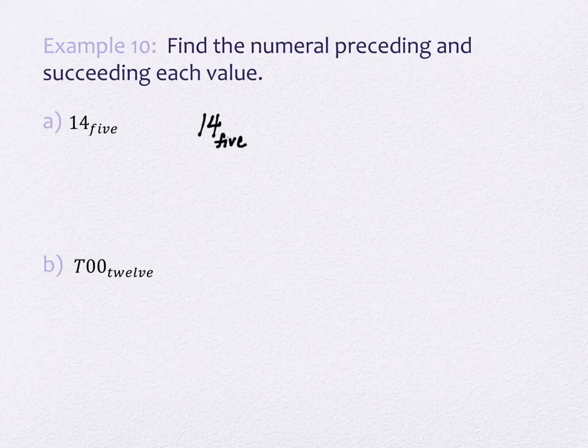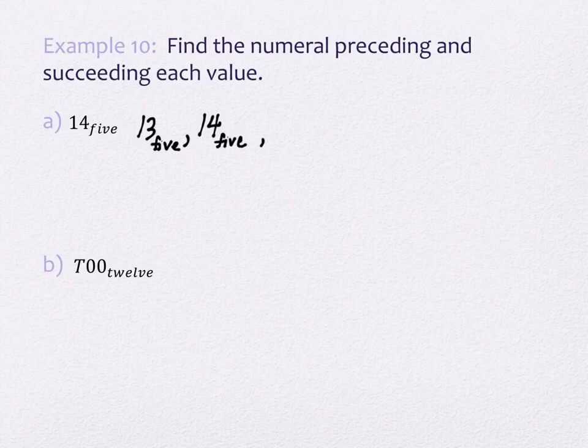Without that word there, the assumption is that you're in base 10, just like you've been working in the rest of your life. So if you're not in base 10, you definitely need to write the base down beside it. All right, so what would come before 1-4? 1-3. Again, make sure you write down base 5. 1-3, base 5.